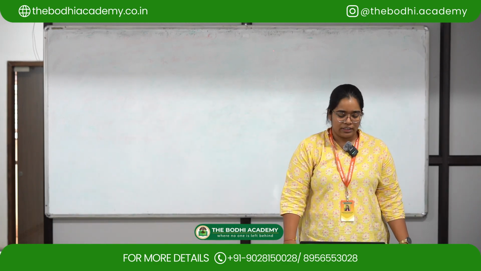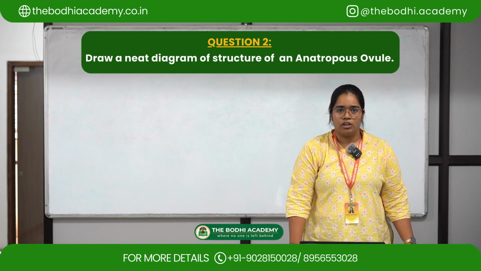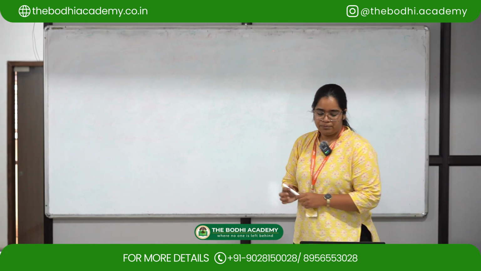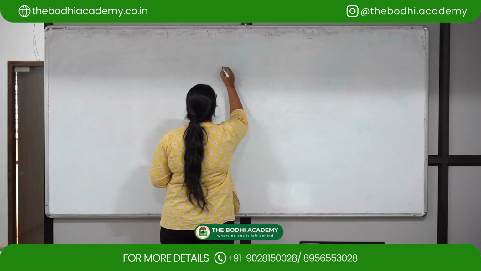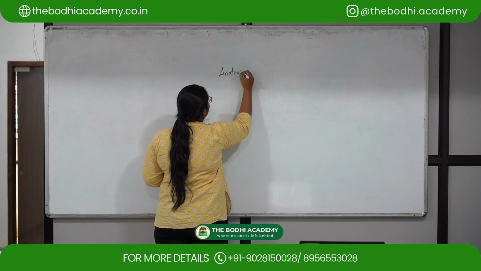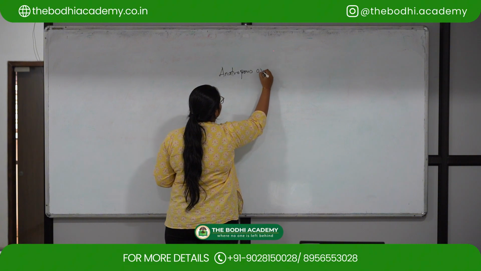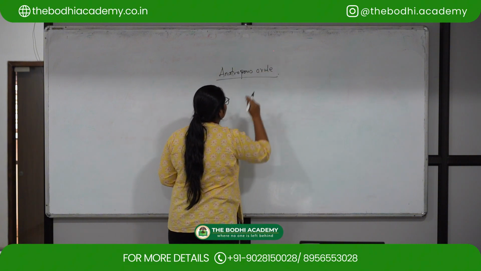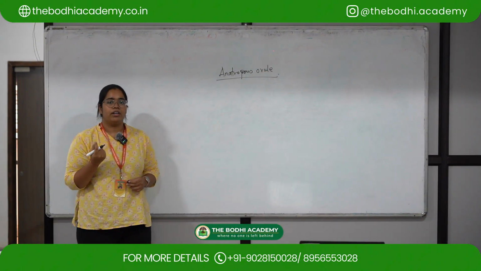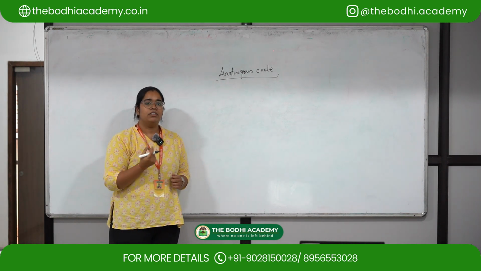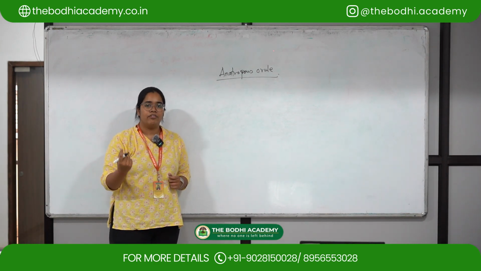So the second question is: draw a neat diagram of the structure of an anatropous ovule. So ovule is the reproductive part of the ovary which will help in the process of fertilization.